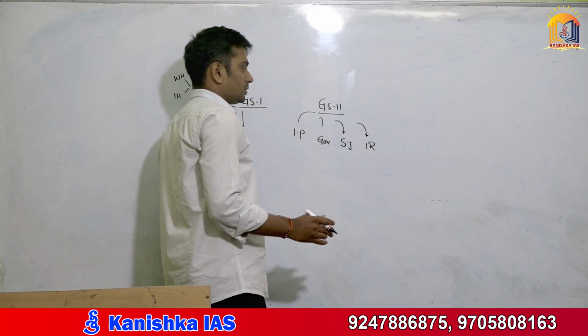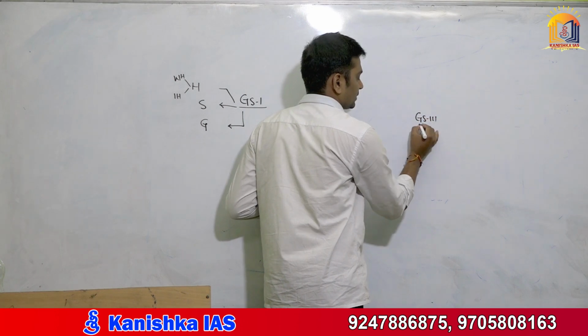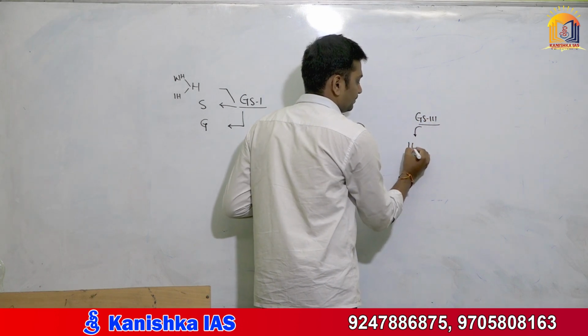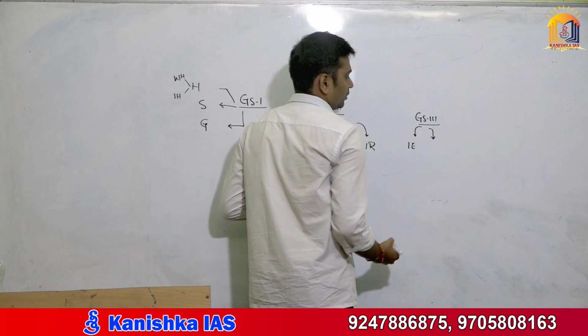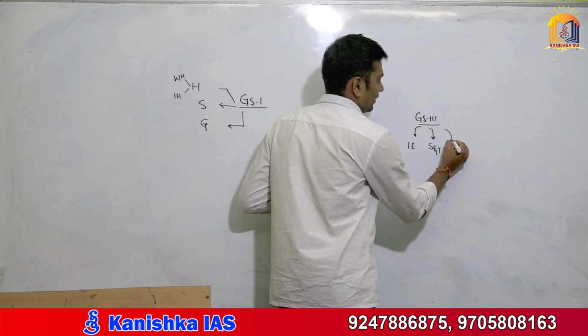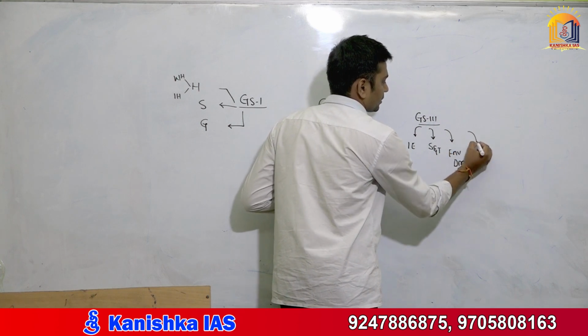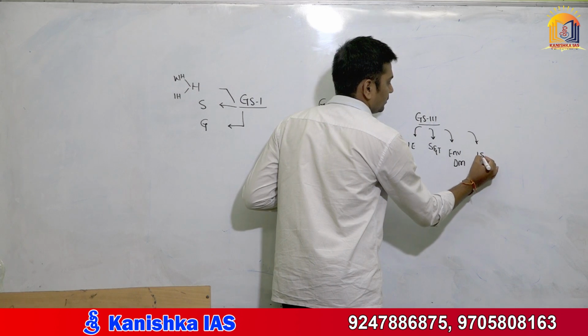Again 4 baskets. GS paper 3 again has 4 baskets: Indian economy, science and technology, environment and disaster management, and the last component is internal security.